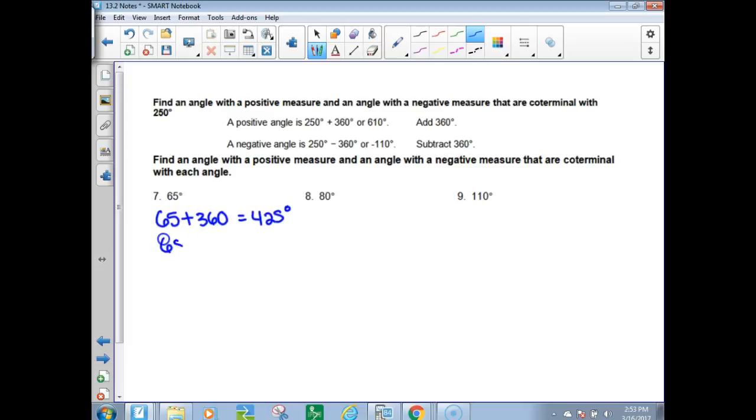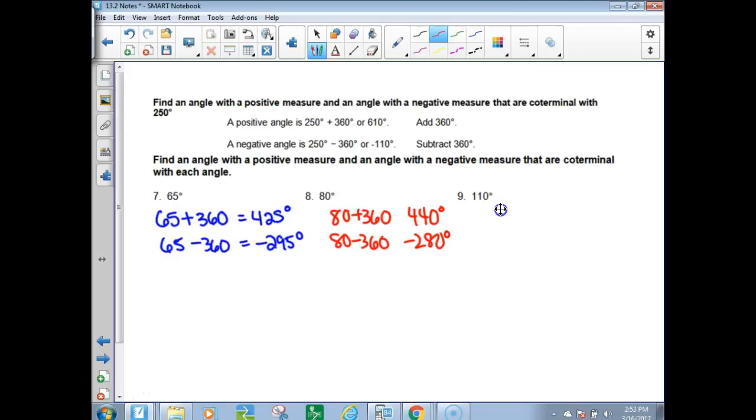And then we'll do 65 minus 360 to get the negative one, and that's negative 295 degrees. 80 plus 360, I know you guys can just type that on your calculator. Is that 440? All right, and 80 minus 360, negative 280.